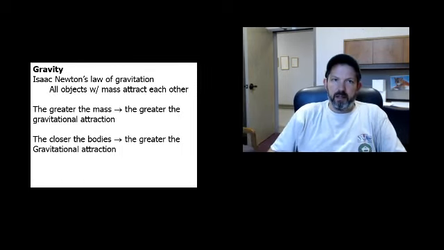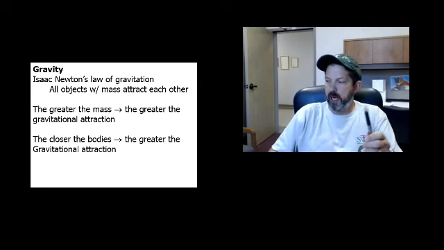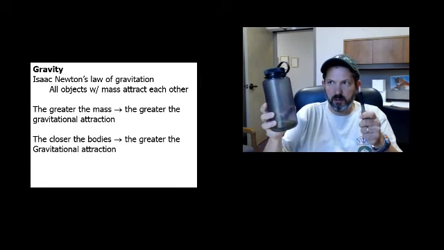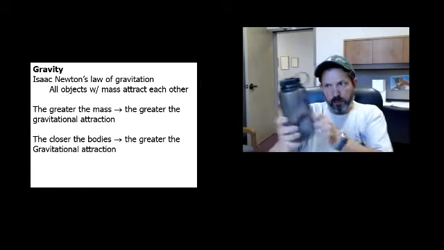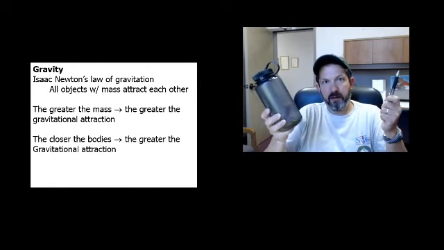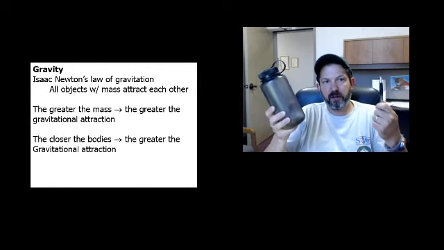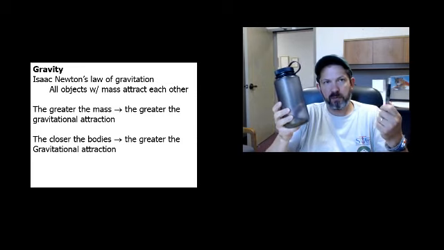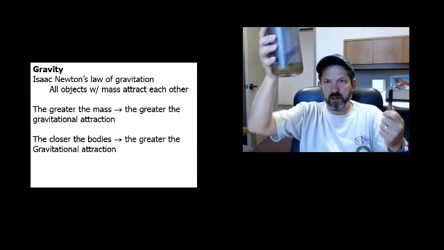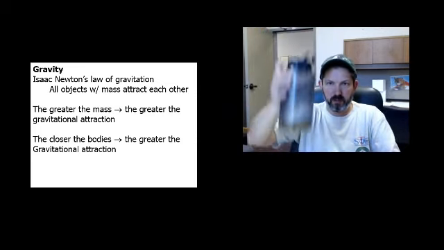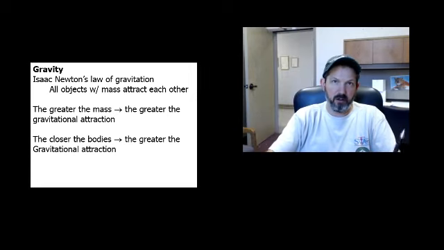Gravity. Gravity is a strange thing. Objects attract other objects. So this pen and this water bottle, they're attracted to each other. Gravity is actually a very weak form of attraction. The fact that things fall to the ground is because the Earth is massive.